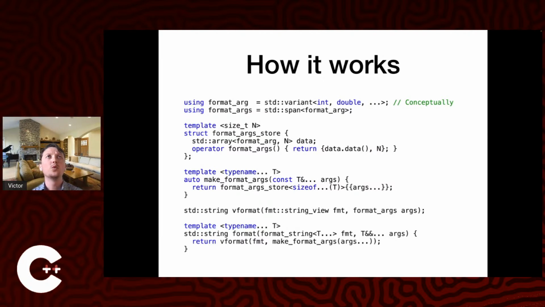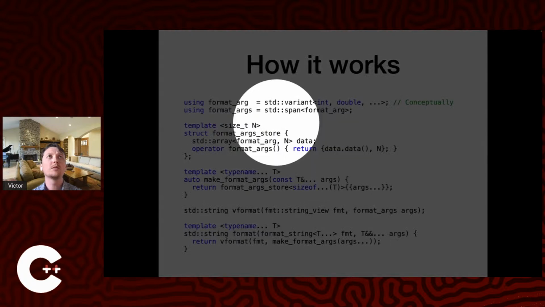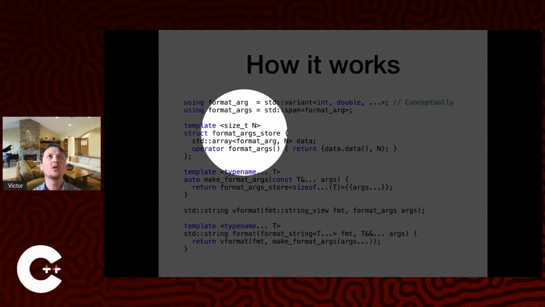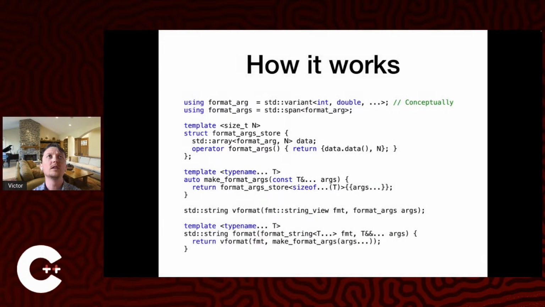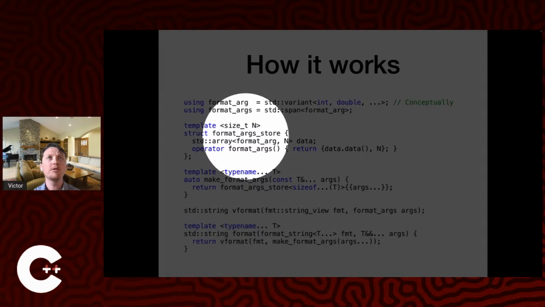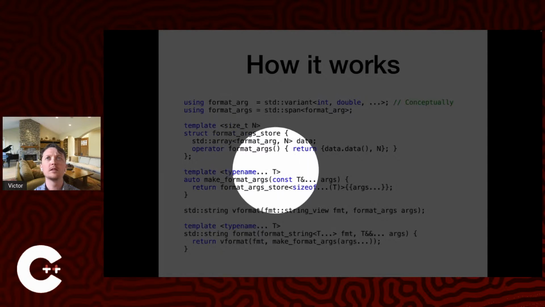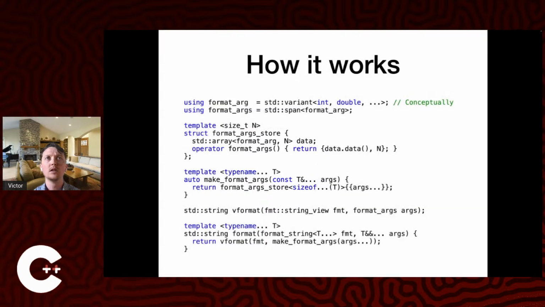So we have something called format_args_store, which has an array of these variants. make_format_args just takes our actual arguments with non-erased types, erases them and puts them into the store.